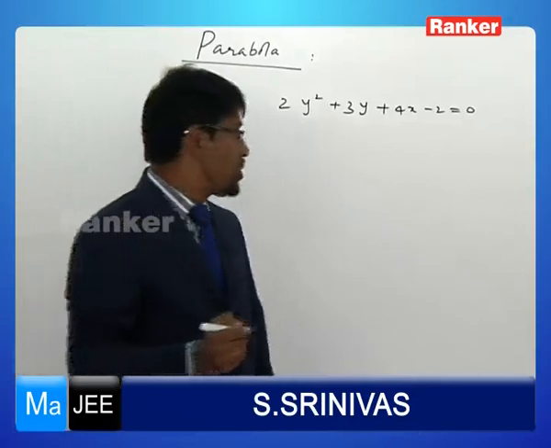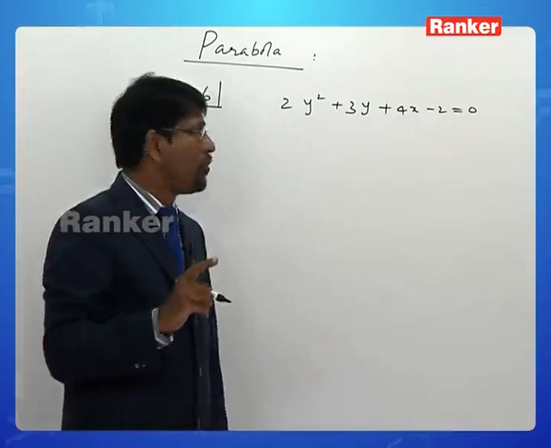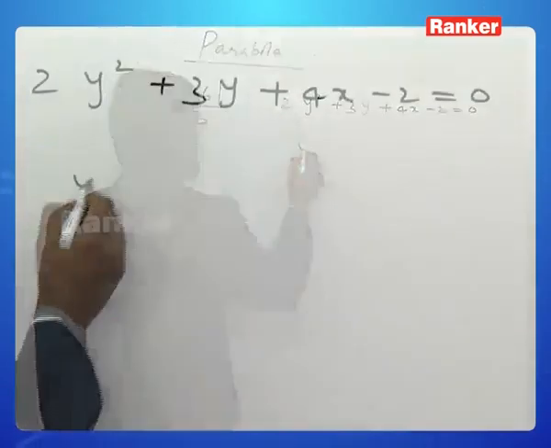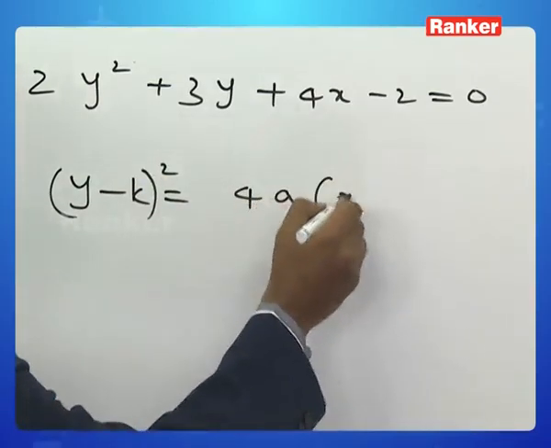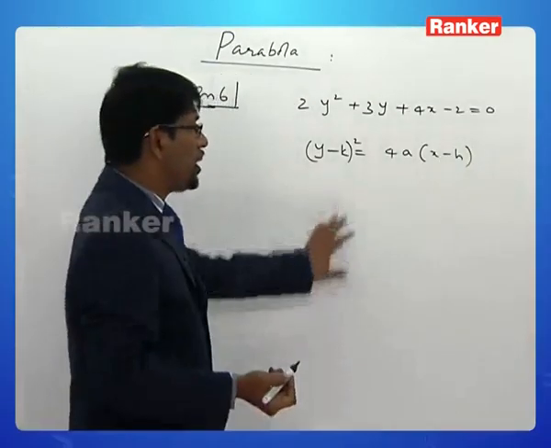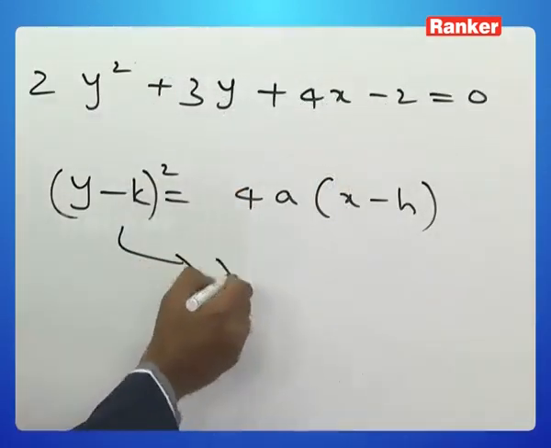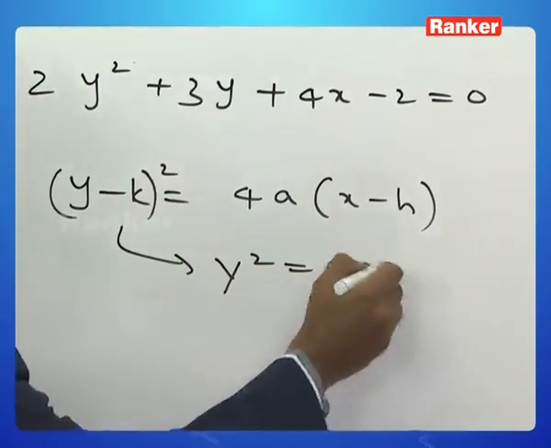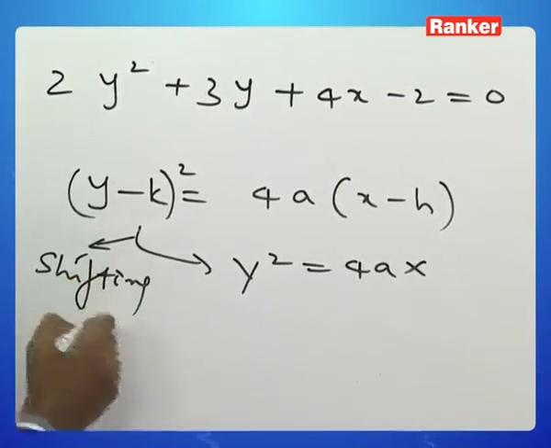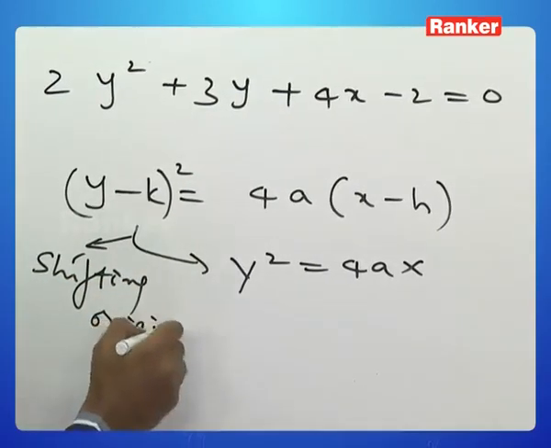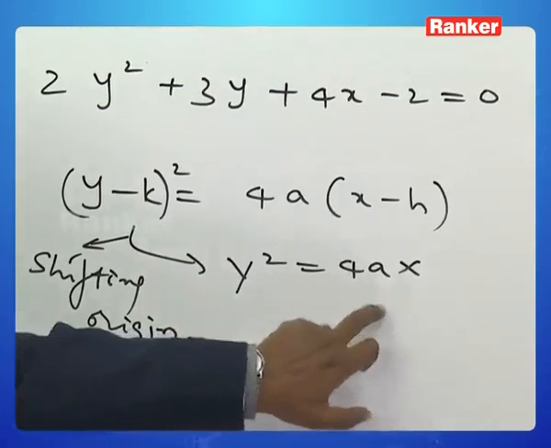It's not in the standard form y square equal to 4ax, but it can be brought into the standard form. Y minus k whole square is equal to 4a into x minus h. Now, if you shift the origin to h comma k, the equation turns out to be of the form capital Y square is equal to 4a into capital X. What do you know about the origin for this parabola?